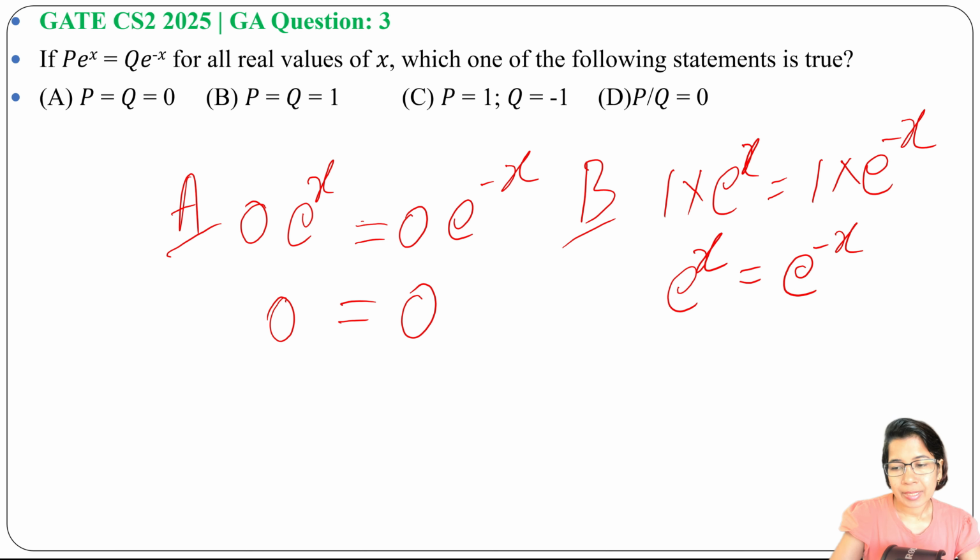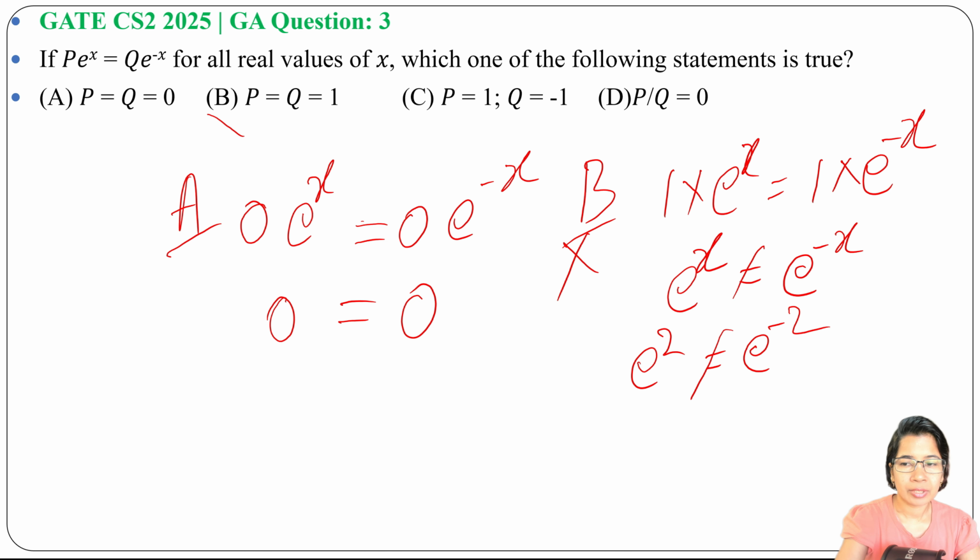E power x and e power minus x are not equal. Suppose x equals 2, e square is not equal to e power minus 2. So when P and Q both are 1, P e power x is not equal to Q e power x. So option B is false.